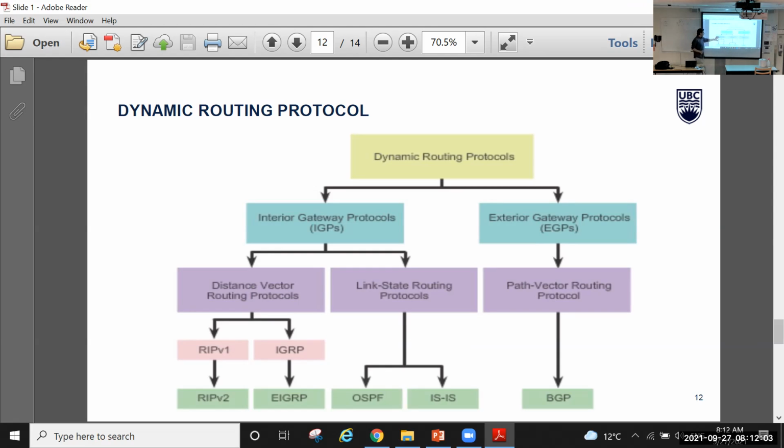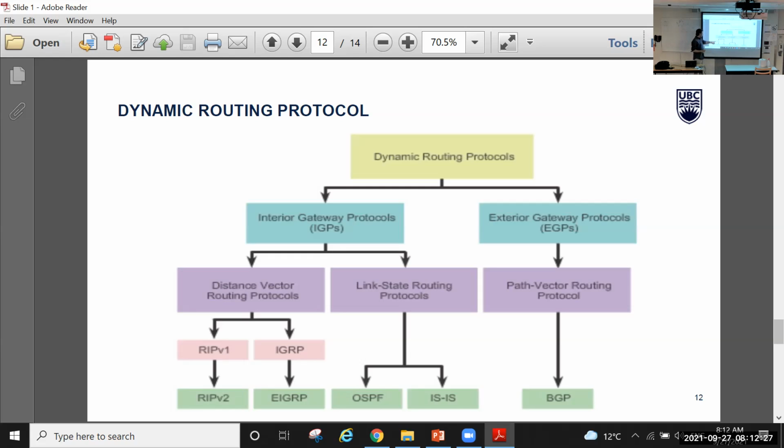So we classify the interior gateway protocols into two categories. The first one is distance vector routing protocols. The metric in these protocols depends on the number of hops, to minimize the number of hops to reach the destination.